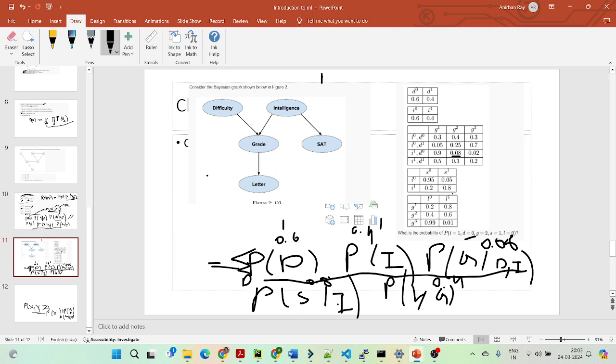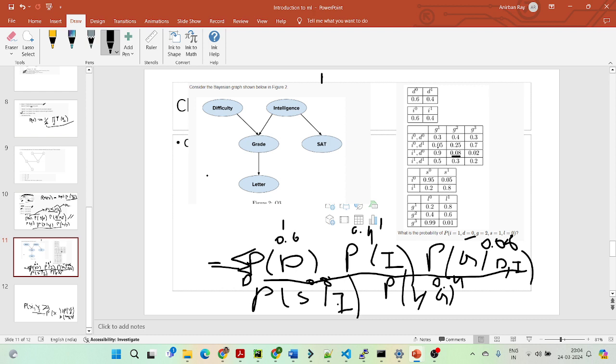What is it saying? Independent parameter. So this is the independent parameter, right? Independent parameter means the first two parameters, no? Parent parameters.